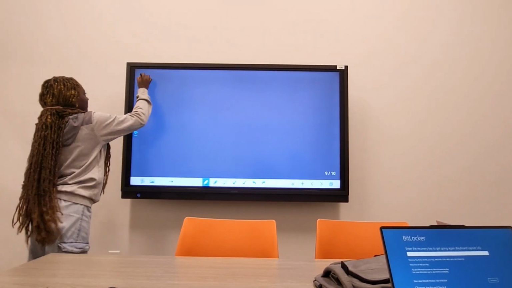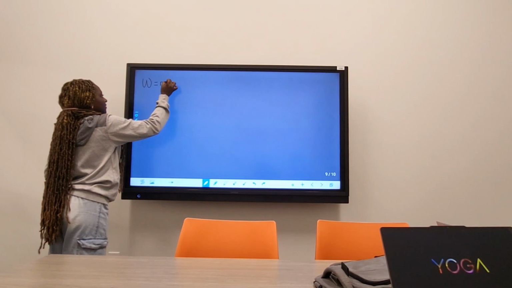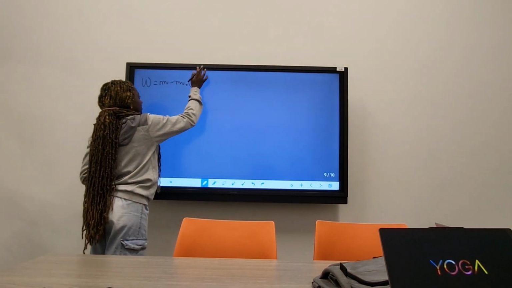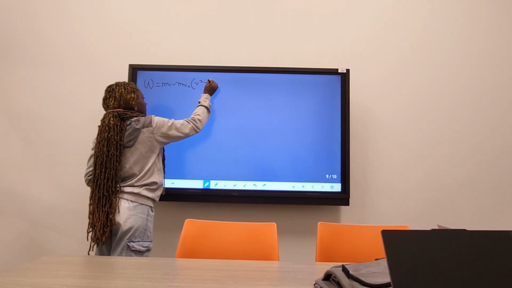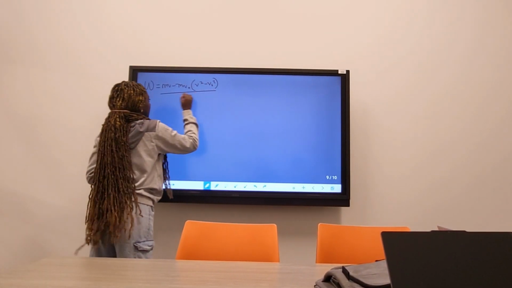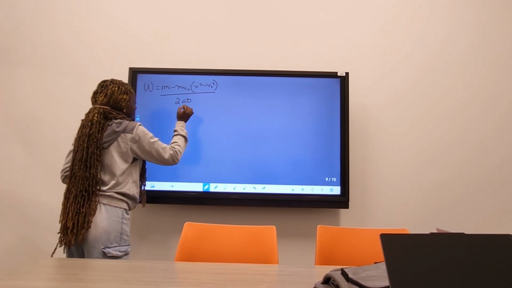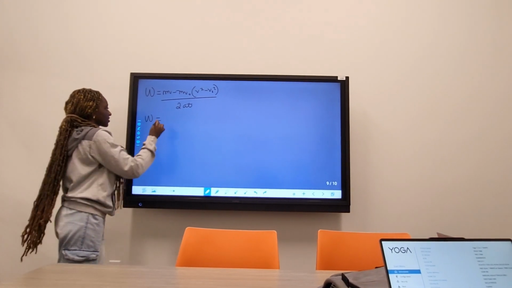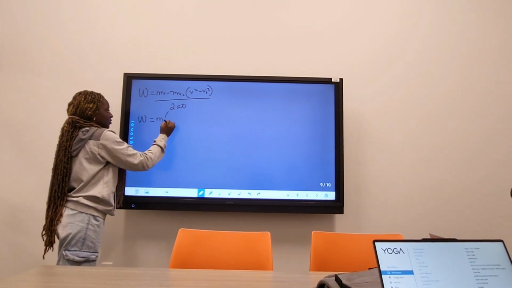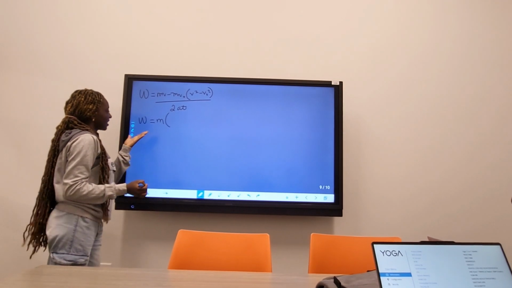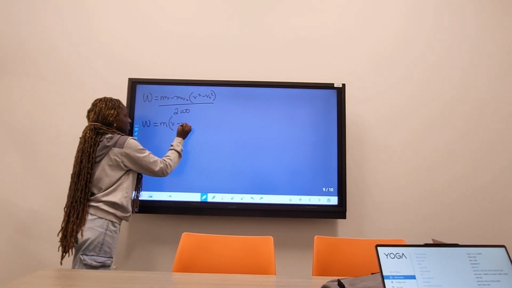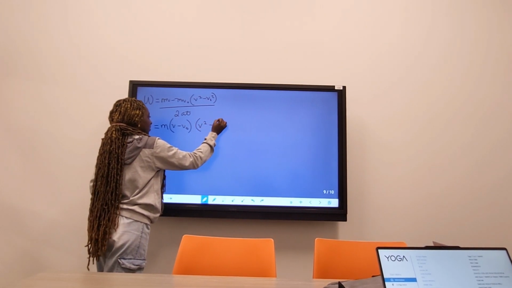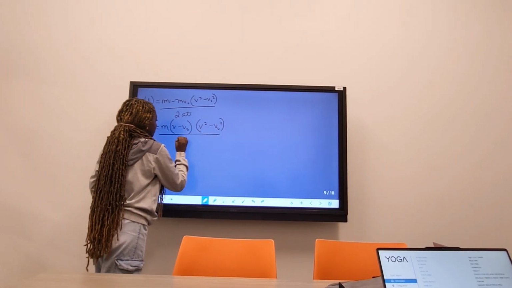Let me rewrite that up here: (mv minus mv naught)(v squared minus v naught squared) all out of 2at. Okay, so we have this here, and we can further factor out m, so we have m(v minus v naught) multiplied by (v squared minus v naught squared) all out of 2at.